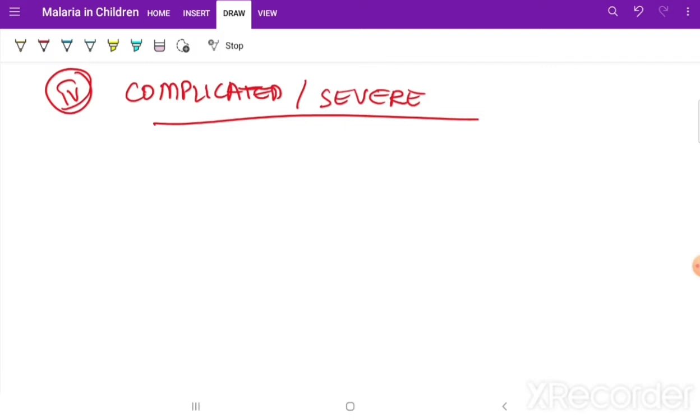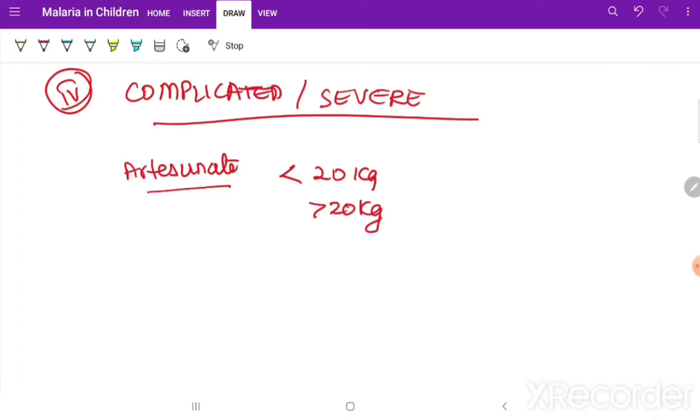So recommended treatment, you can give artesunate. Now this treatment is going to be mostly IV. Start with IV and gradually it can become oral. In artesunate, less than 20 kgs, more than 20 kgs. In more than 20 kgs, it is 2.4 mg per kg per dose.